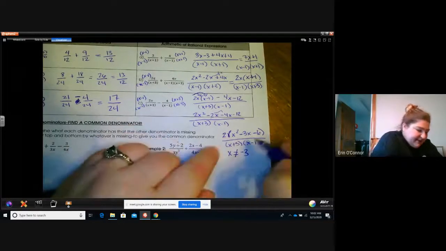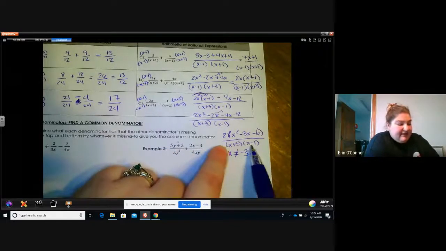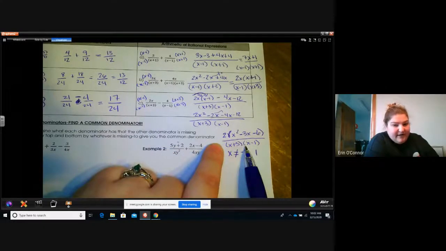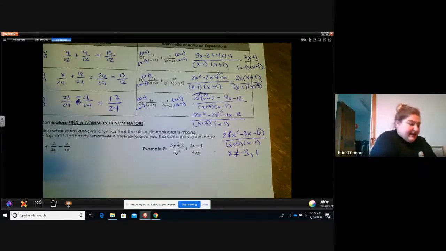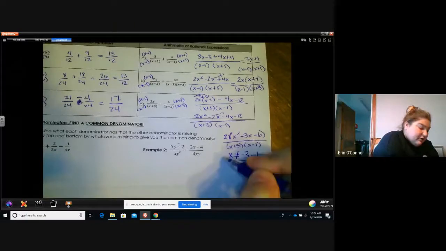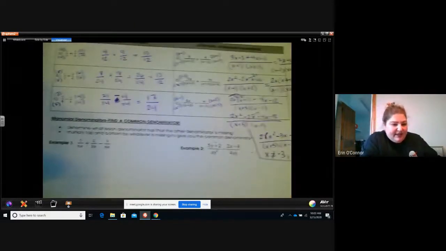We're not allowed to divide by 0, and it can't be 1. So it's pretty much take these factors in the denominator, find the roots or the zeros, and that's what x cannot be. And that is how you do your restrictions. So we're going to add those in as we do this today.